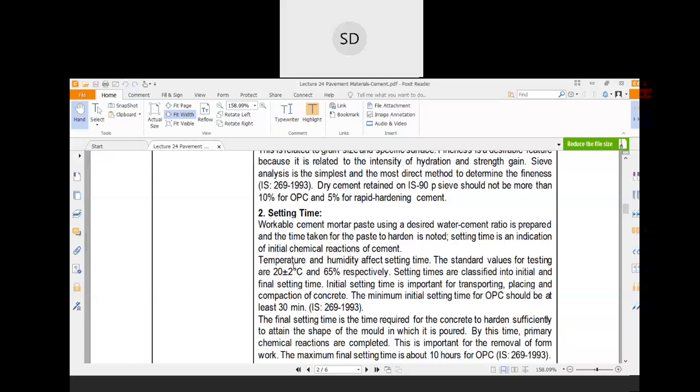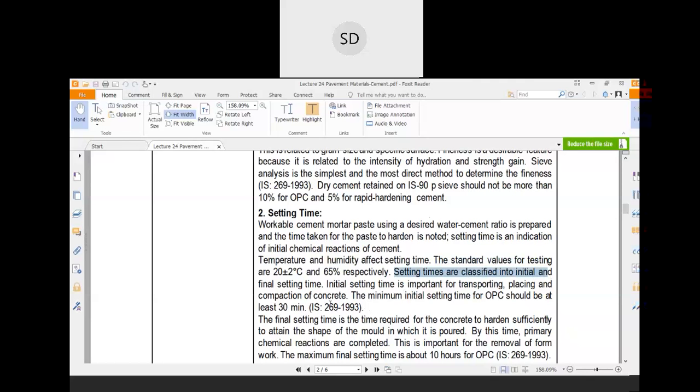Now, temperature and humidity affect the setting time. Therefore, the standard values for testing are 20 plus minus 2 degrees Celsius and humidity of 65%. Setting times are classified into initial and final setting time.